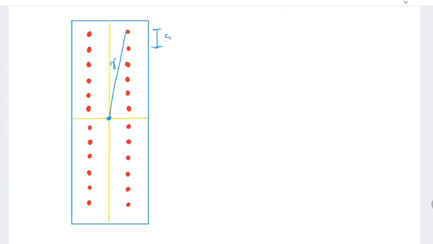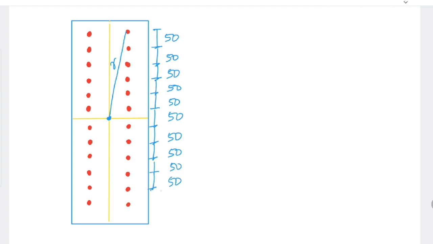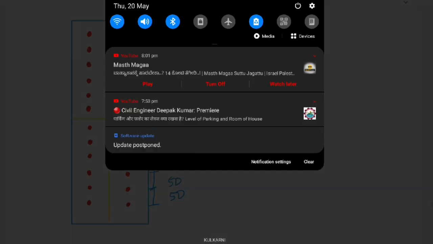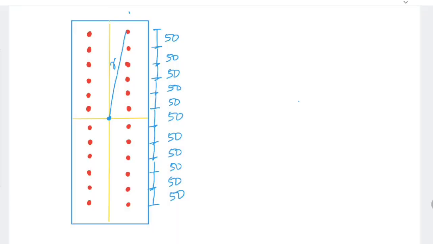You know the pitch distance of these bolts is 50, already we have calculated, that is 2.5 times the dia of bolt. Pitch distance of all the bolts is how much? 50 mm. Whereas edge distance we have calculated 30 mm, but the minimum edge distance will be taken as 35 mm.